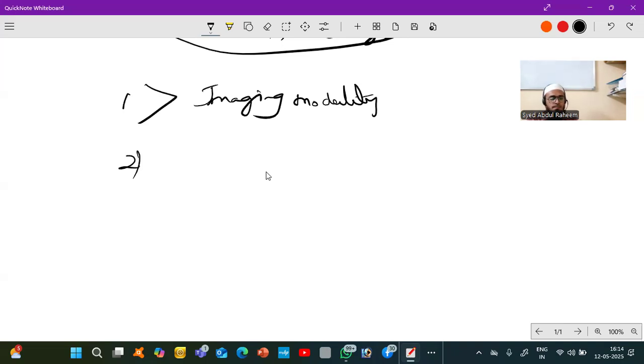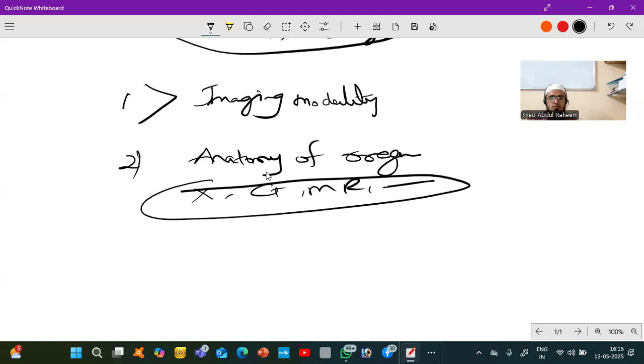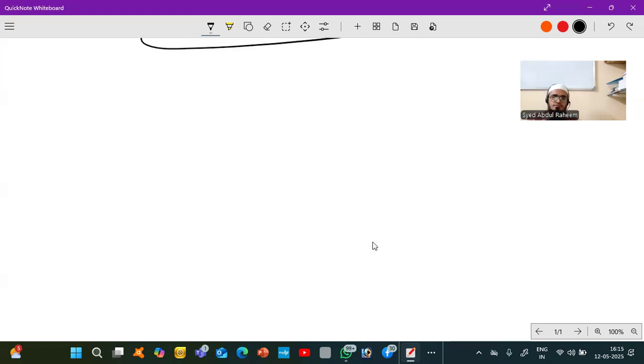Okay, and anatomy of organs, study in X-ray, CT, MRI, and other scans. So these two things we will cover.